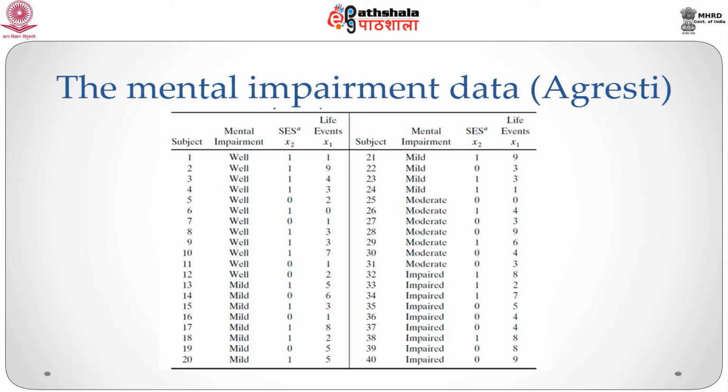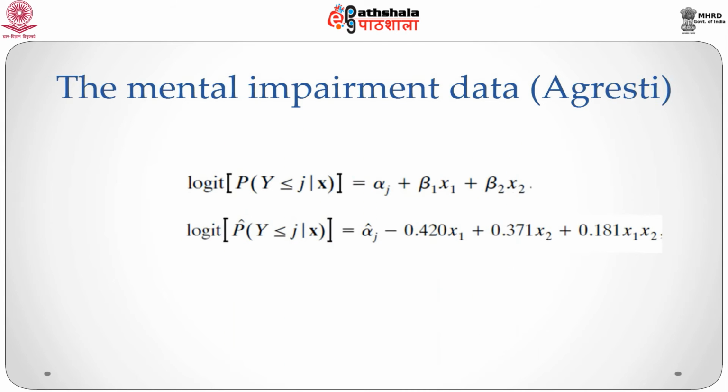The mental impairment data contains a study of mental health for a random sample of adults from Florida, and relates mental impairment, which is classified as well, mild, moderate and impaired, an ordinal response, in terms of explanatory variables which are a life event index, socioeconomic status, and so on. For more details of the application, you are referred to the book by Agresti.